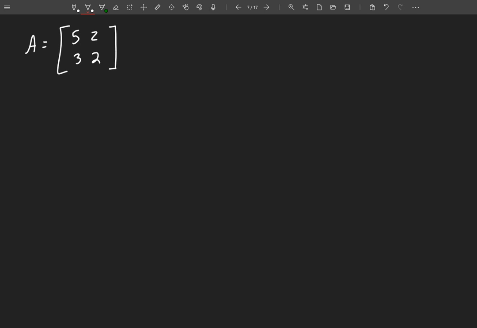All right, this is my matrix. And we're going to find the inverse of this matrix. And then we're going to multiply it, I'm going to jump ahead here, when I multiply it times A inverse, is it going to give me this identity? That's what I want to know.